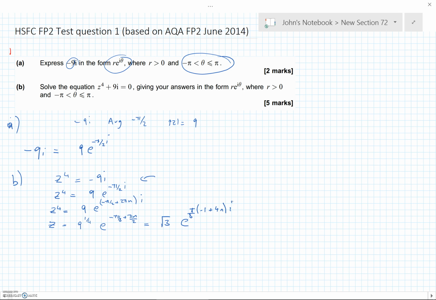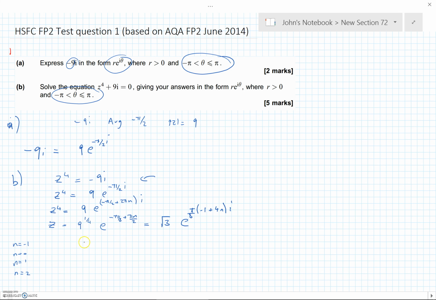Right, now we need to be careful with the argument again, because it's talking about the range, the principal argument being between minus pi and pi. We need 4 consecutive values of n, but we need to express the argument in the form they want it. Obviously we would have n equals minus 1, n equals 0, n equals 1 and n equals 2, which should give us all of the solutions, but we'll see. 2 might go over, but no, it won't, it should work.